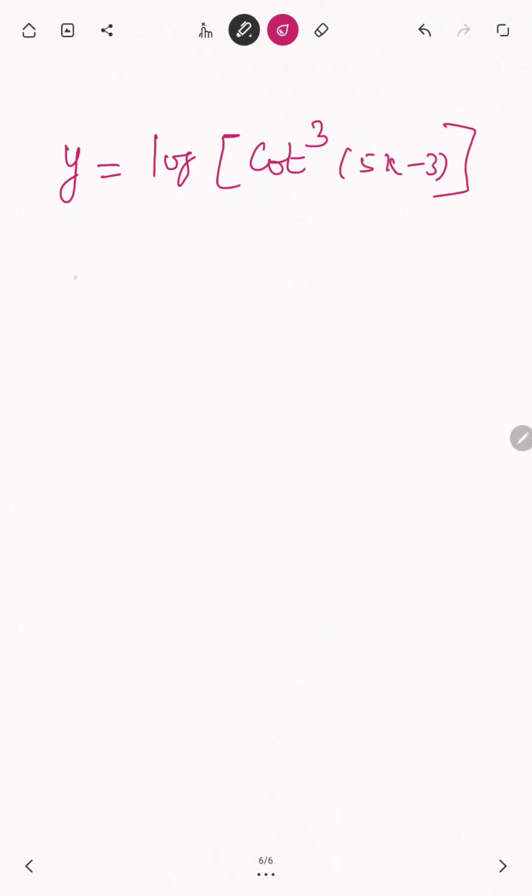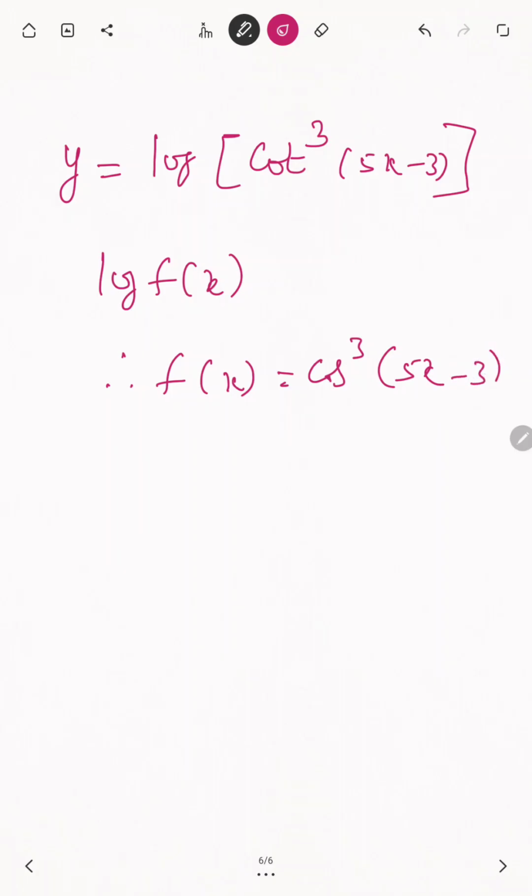What I told you? Logarithmic function. Okay. Then therefore function of x is what? Cot cube of 5x minus 3. What is the logarithmic rule telling, my dear student? dy by dx is equal to 1 by function into derivative of this.